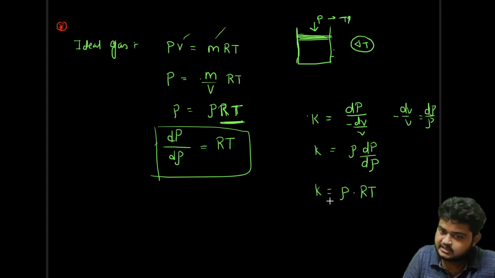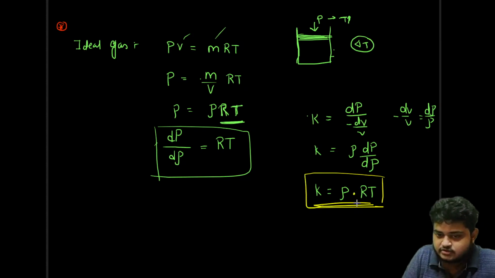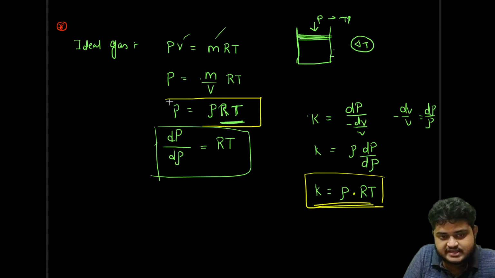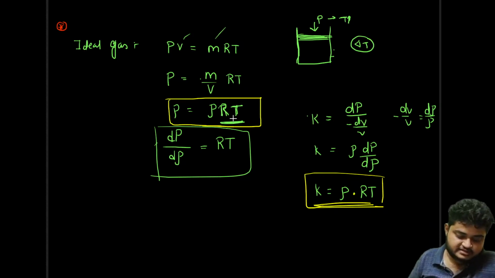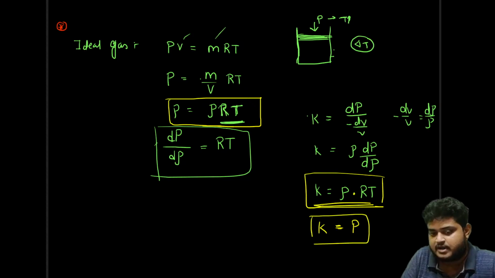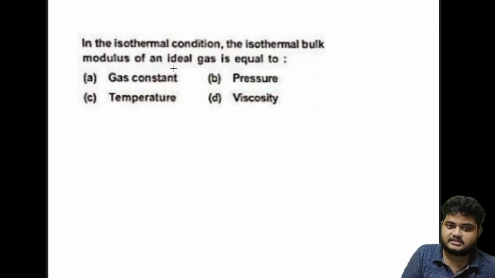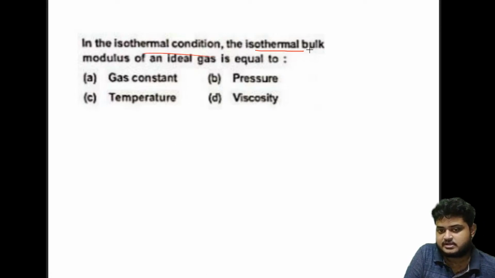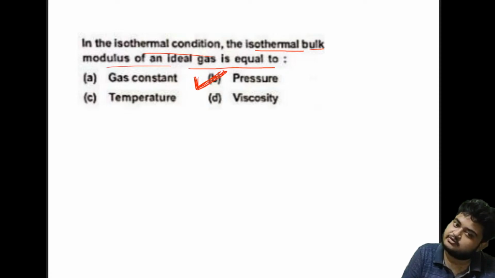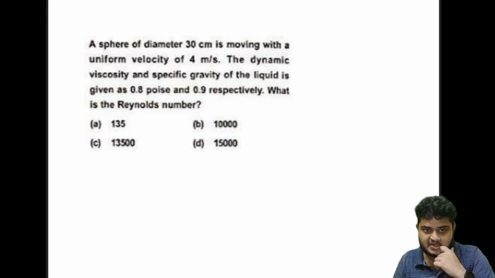So K is equal to rho into RT, and rho RT is also the same as the pressure we are giving to the system. So for the isothermal condition, the isothermal bulk modulus of an ideal gas is equal to the pressure which we are applying on the system. It will be the same as the pressure, right?